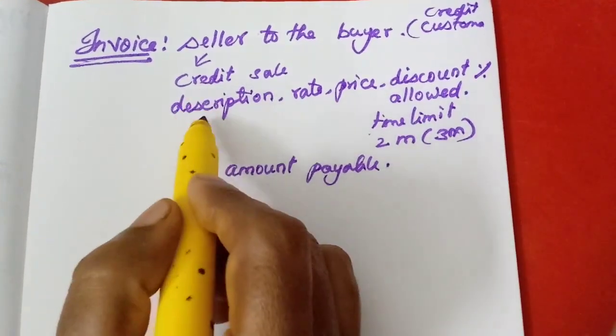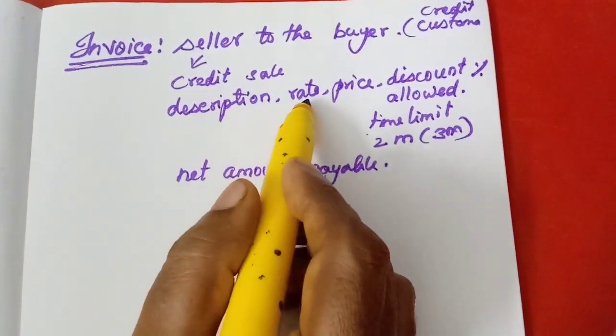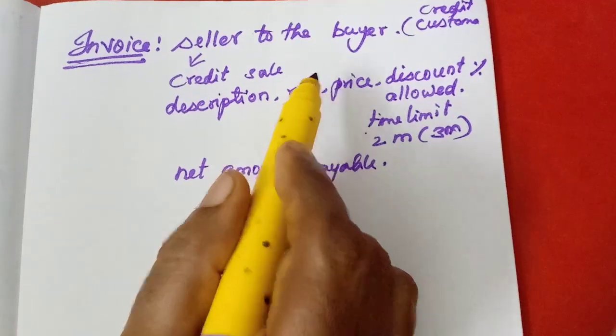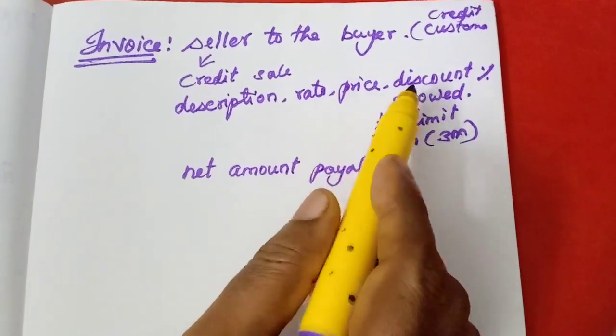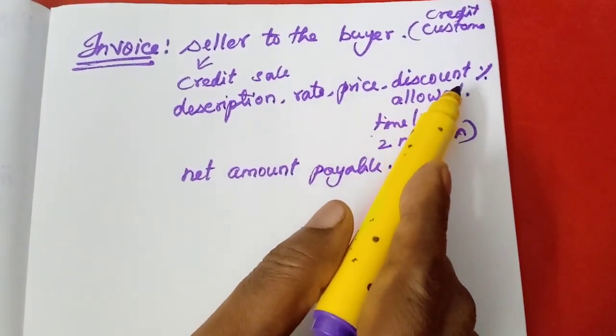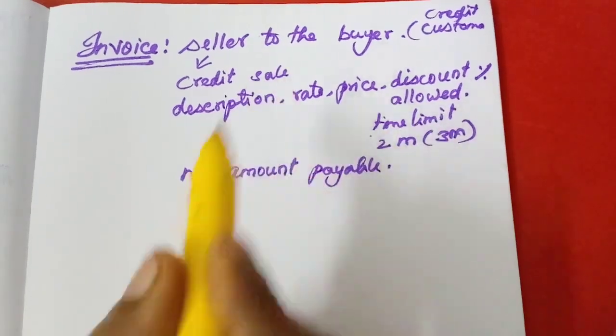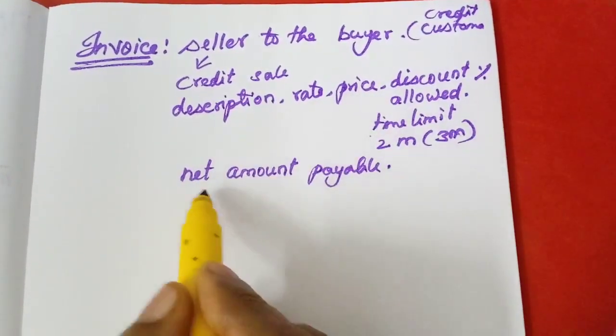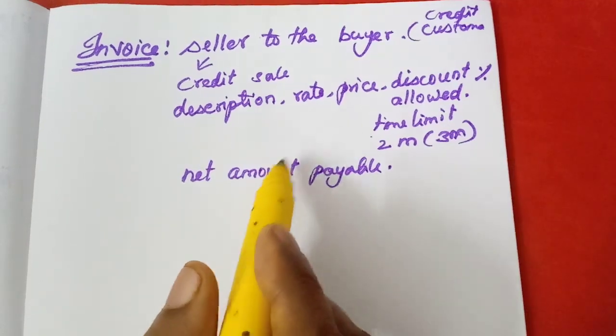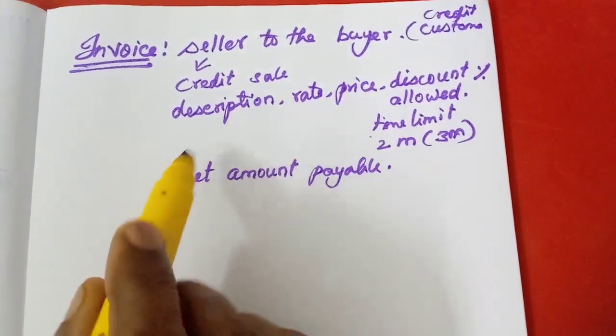The description of the goods, the rate of the product, then the price, then the discount rate will be mentioned, and the net amount. They will deduct the discount allowed, and the net amount will be mentioned in the invoice. That is the invoice.